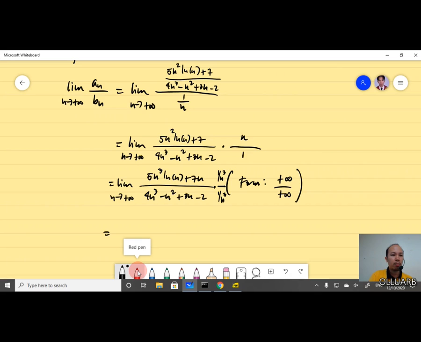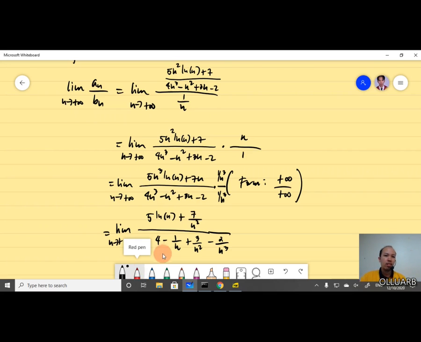This will become the limit of 5 ln of n plus 7 over n squared over 4 minus 1 over n plus 3 over n squared minus 2 over n cubed as n approaches positive infinity.